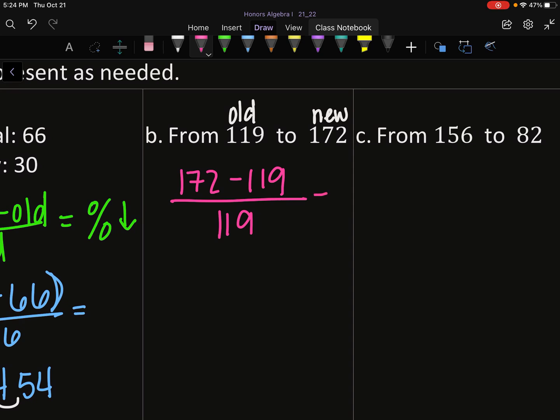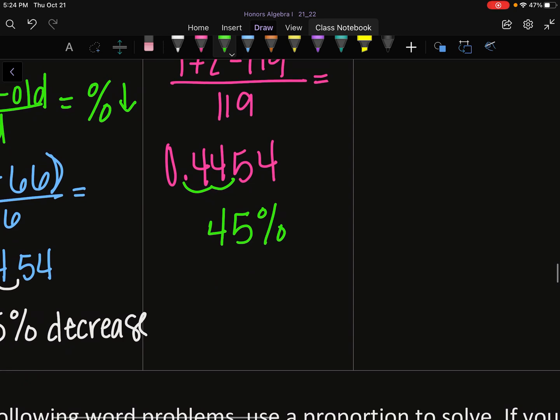Okay, and it looks like I'm getting a positive 0.4454. So if I round that to the nearest percent, remember 2 spots, that looks like it's going to be a 45% increase.